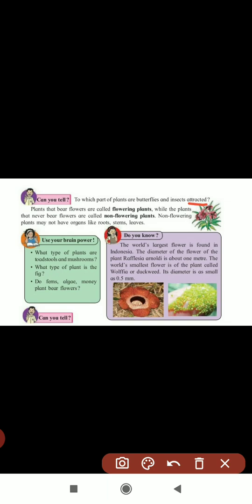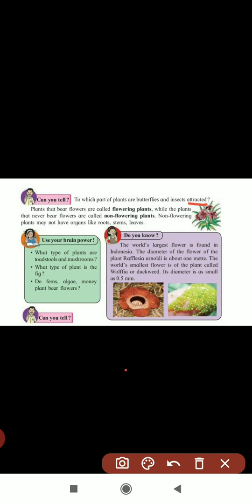Butterflies and insects are attracted towards the flowers for collecting nectar. They sit on the flowers and collect the nectar, and from that they can make honey. Understood? We are also attracted because flowers look very nice and have different colors. We also like the flowers.